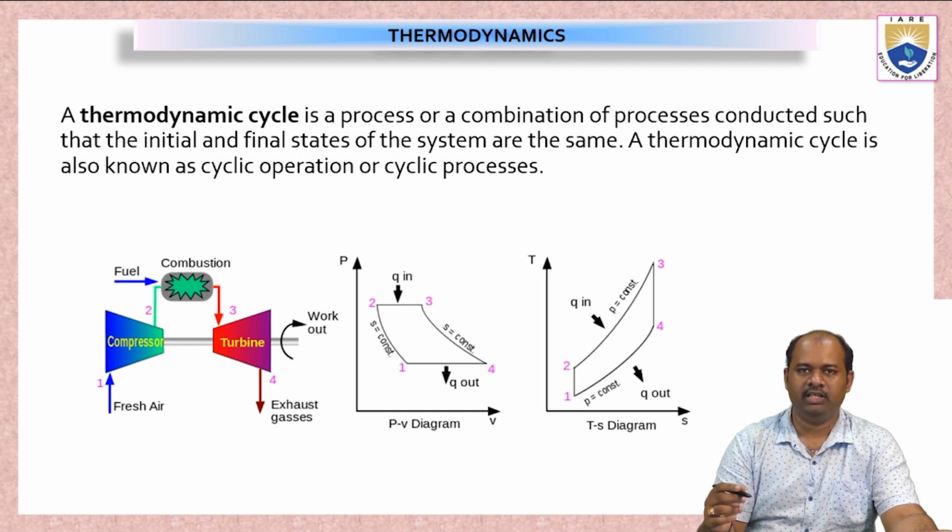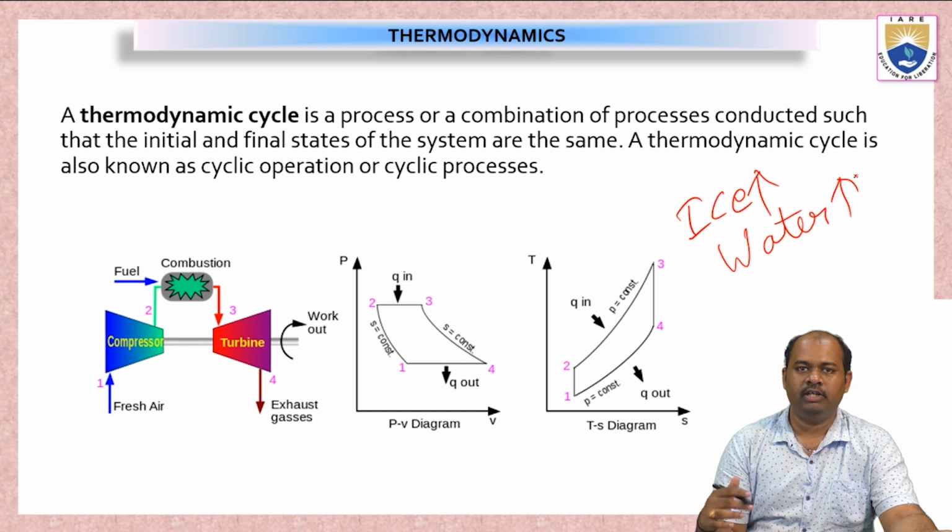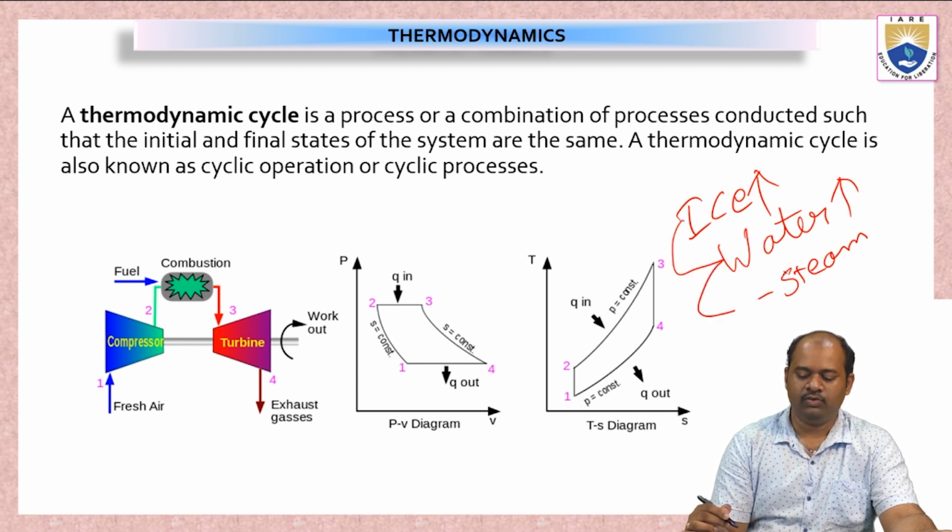Like, if I take the example of the conversion of ice, a solid ice cube is taken. If I heat this ice cube, it will be converted into water. If I further heat this water, it will be converted into vapor or steam. Now this is a process where ice is converted into water and water is converted into steam.